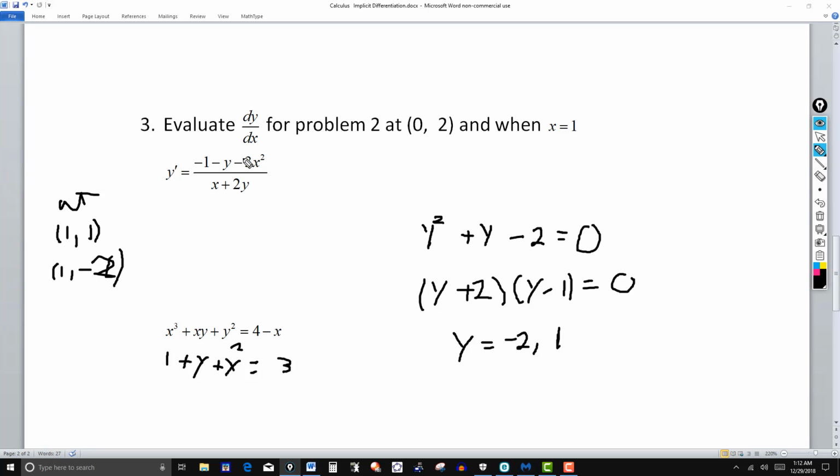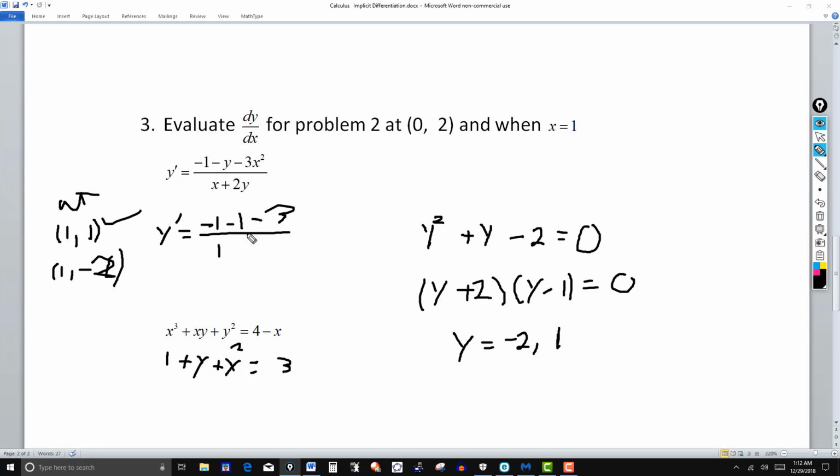Okay. So y prime then, so I'm doing this part right here. y prime is equal to, okay, so this will be minus 1. y is 1, so this will be minus 1. x is 1, so this will be minus 3. And then at the bottom, x is 1, y is 1, so this will be 2. Okay. And then we do the calculation.